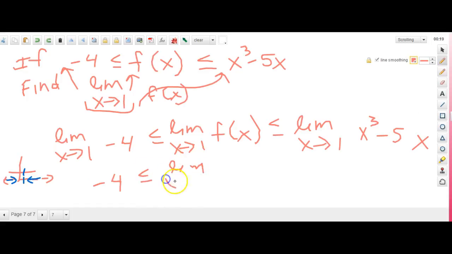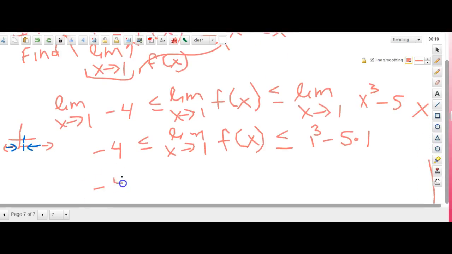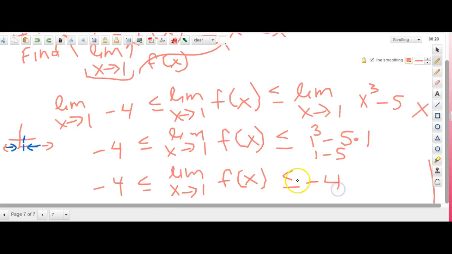Less than or equal to limit as x approaches 1 of whatever function. We don't know what the function is. This one we're going to plug in 1. We have 1 cubed minus 5 times 1. And I bet you can tell what number that's going to reduce down to, because we're trying to have the left side and the right side match so that this inner function gets squeezed between those two things. 1 cubed is 1, 5 times 1 is 5, 1 minus 5 is that -4.